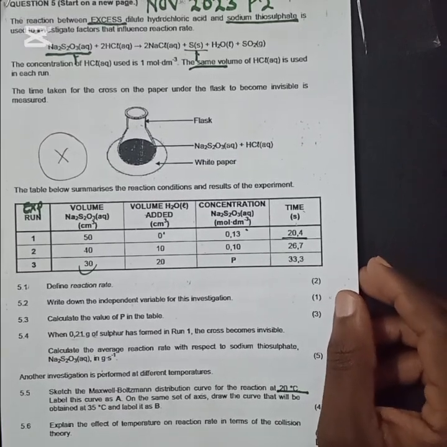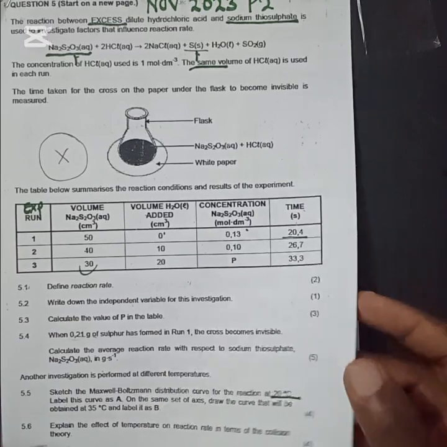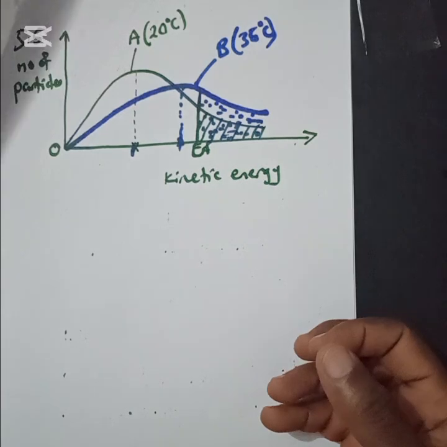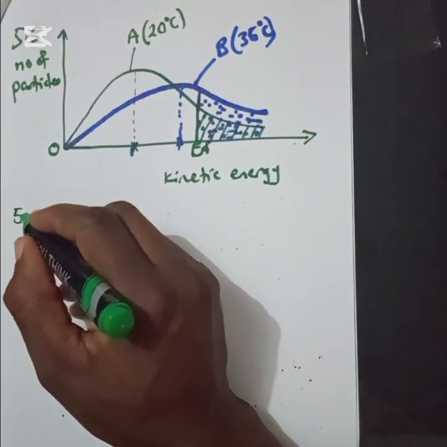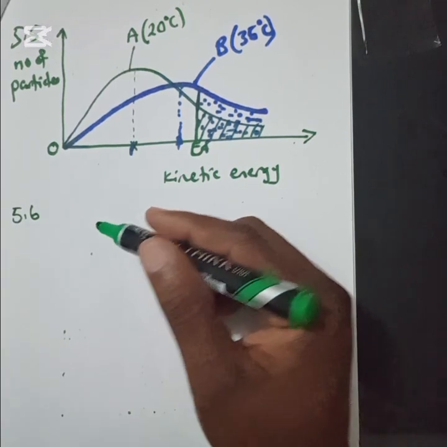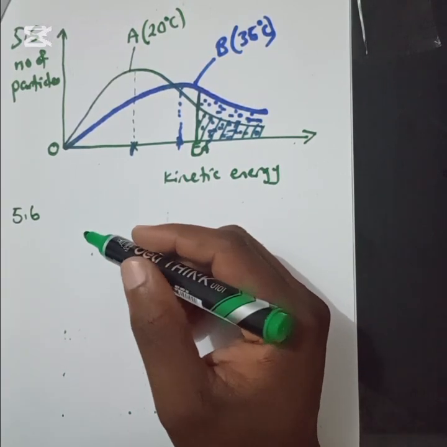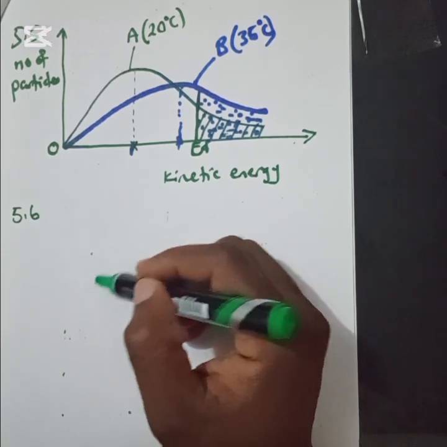Let's move on to 5.6. Explain the effect of temperature on reaction rate in terms of the collision theory. This is one question, very easy to answer, but I've realized that learners like to write a lot of things here.